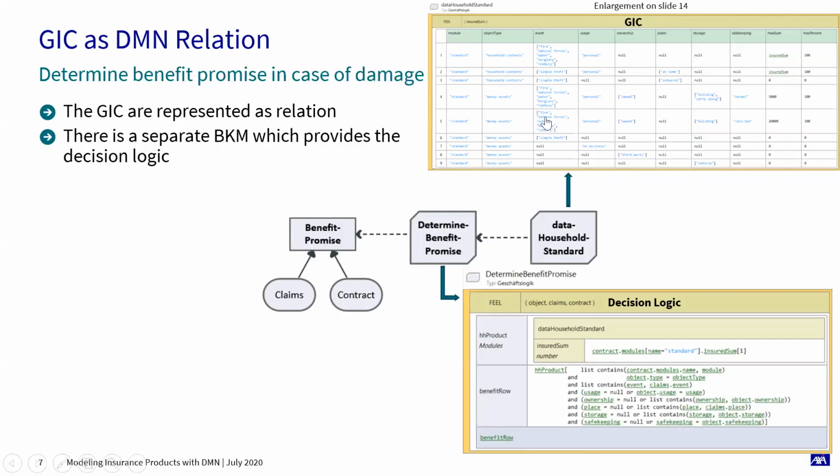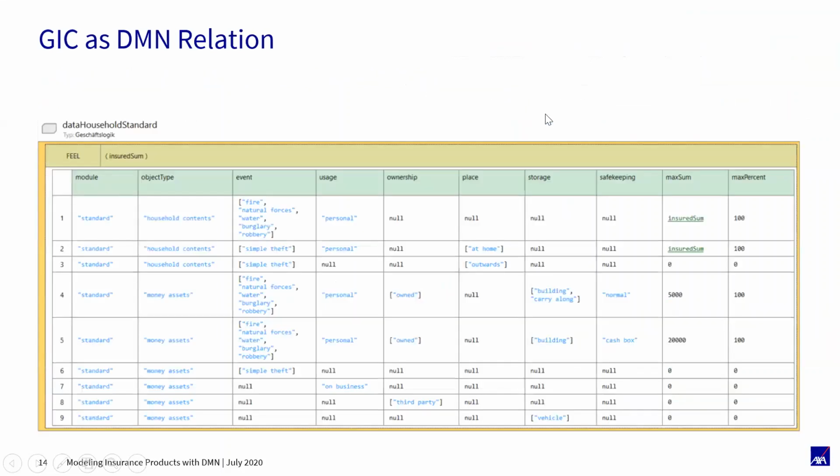So let us have a closer look at the relation and the simulation with test data. So now the DMN relation is pretty much the same as the tabular representation in the beginning, and there's no need for functions, and the syntax is slightly different in contrast with the decision tables.